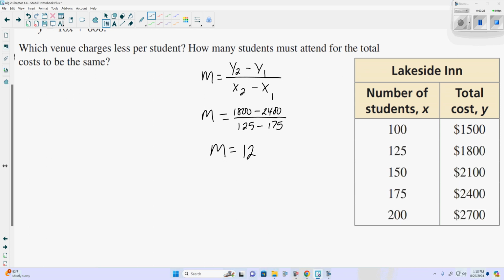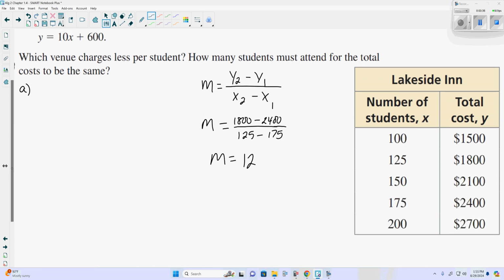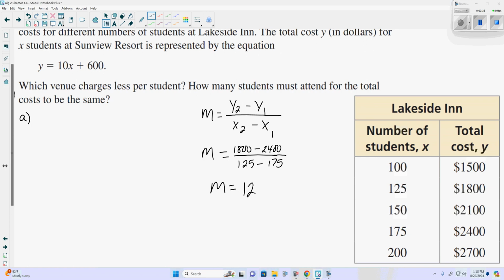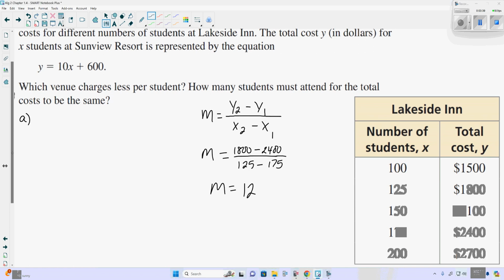So that does answer the first question: which one costs less per student, Sunview or Lakeside?